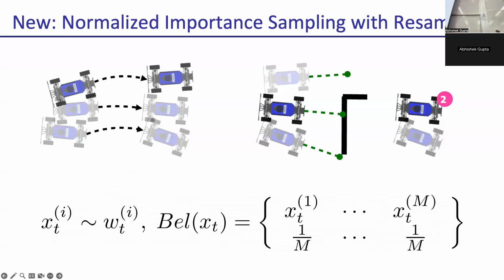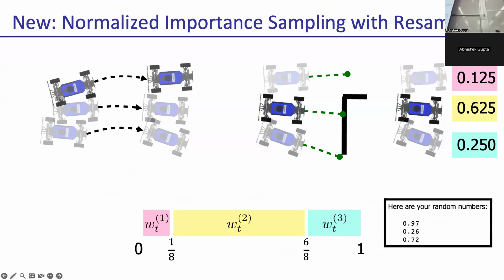Why resample the particles rather than just removing the particles with the lowest weight? Oh, because you're trying to keep the same probability distribution. You're trying to sample things that are proportional. It's not like 0.125 is zero likelihood. It's just less likely, right? So if you just remove the things that are low likelihood, then you're setting their likelihood to zero, right?